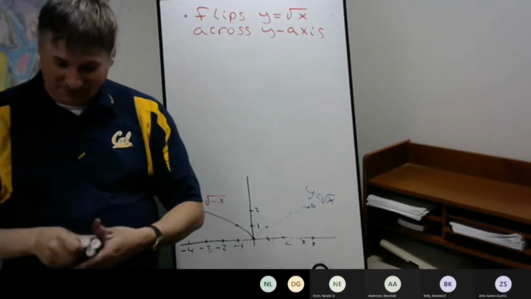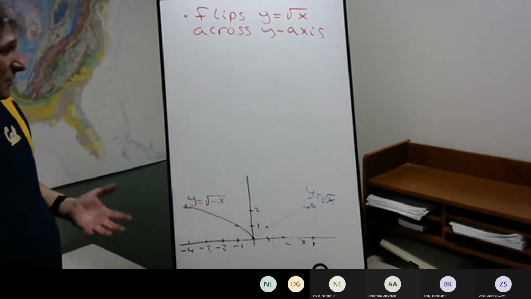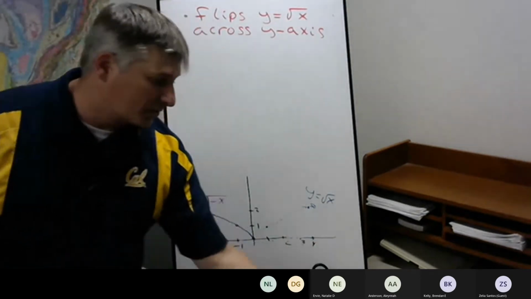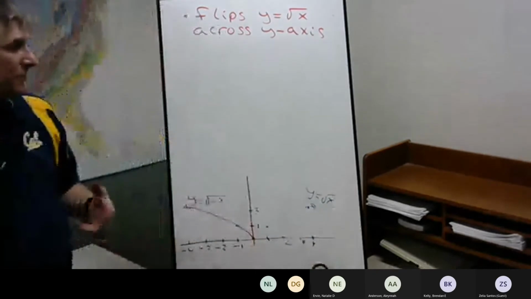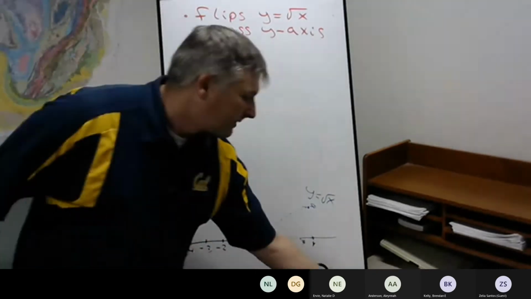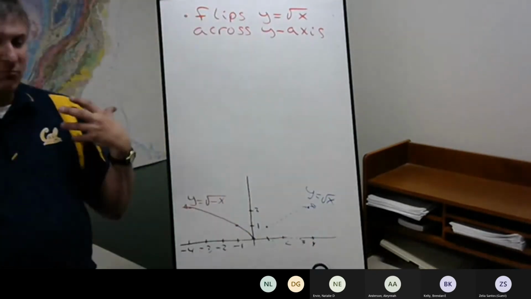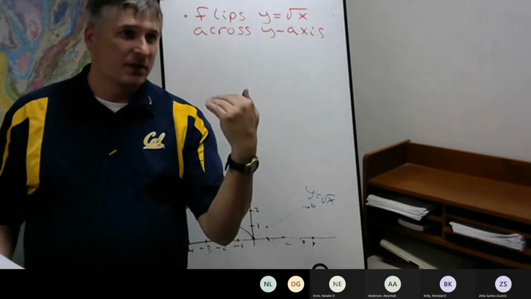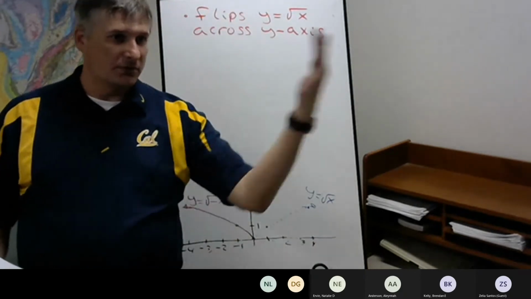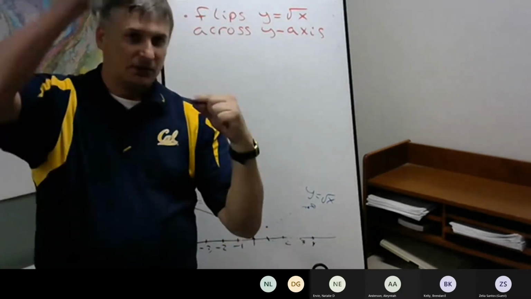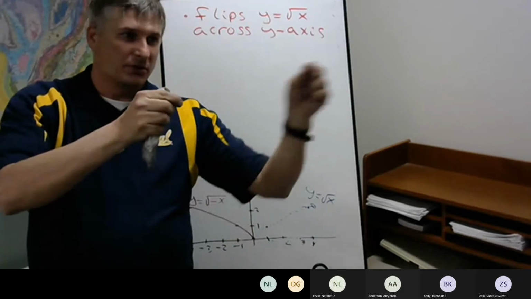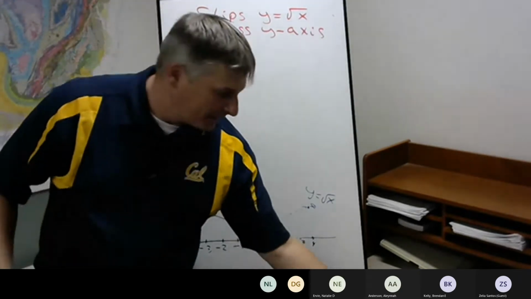That's going to be it. So that's section 1.2. Again, just sort of a review of the algebra of functions. It's a review of the different ways of modifying the canonical functions with vertical shifting, horizontal shifting, vertical stretching, horizontal stretching, and shrinking.